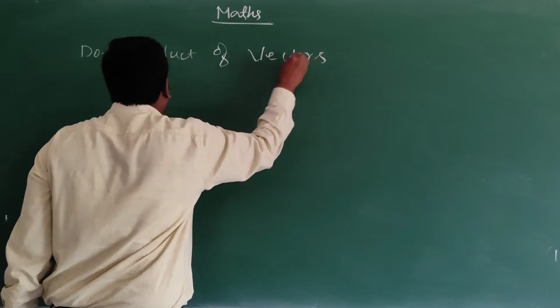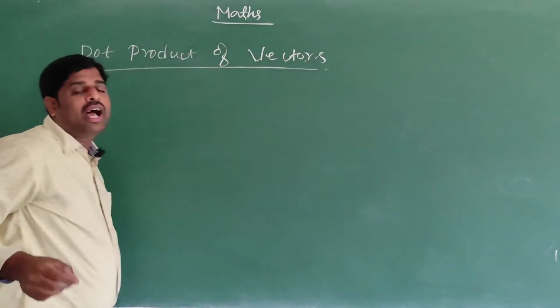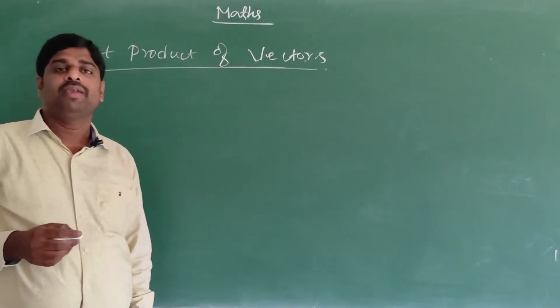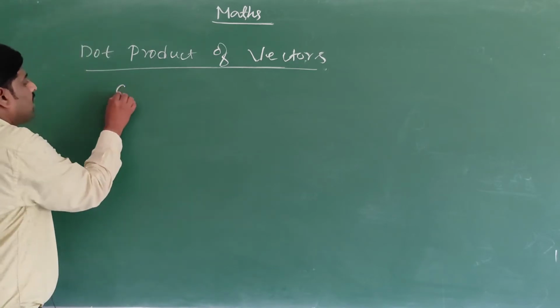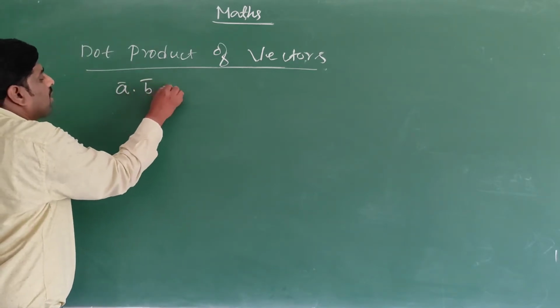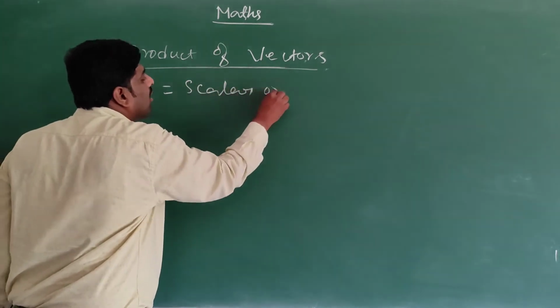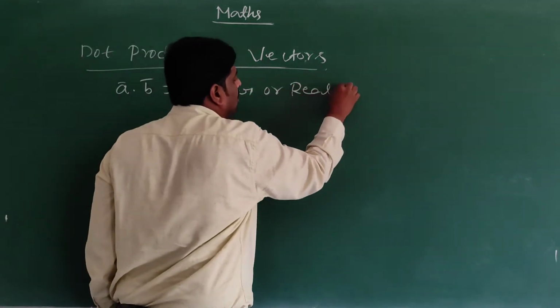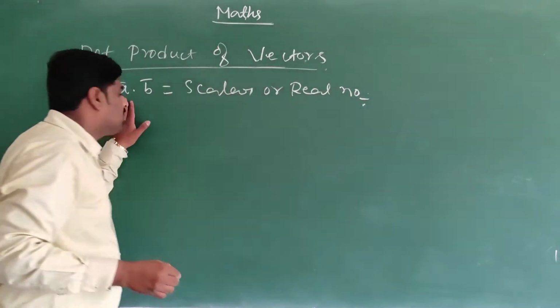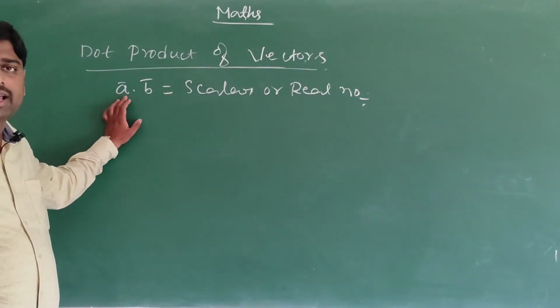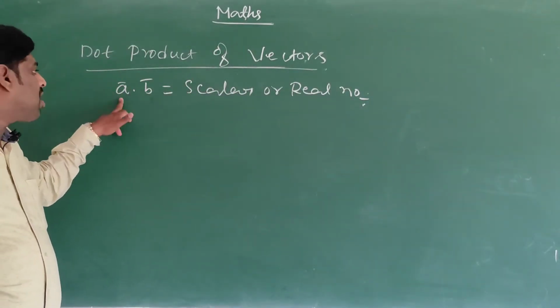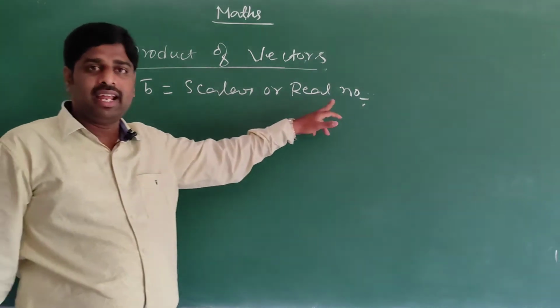Dot product of vectors means, here I take a bar as a vector and b bar as a vector. Therefore a bar dot b bar is nothing but a scalar, or a real number.